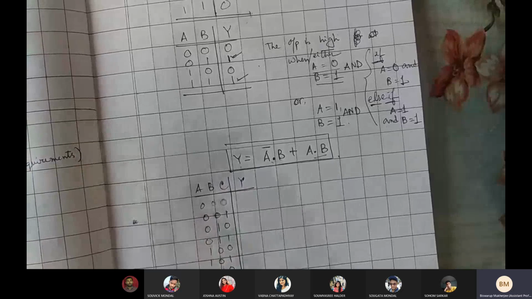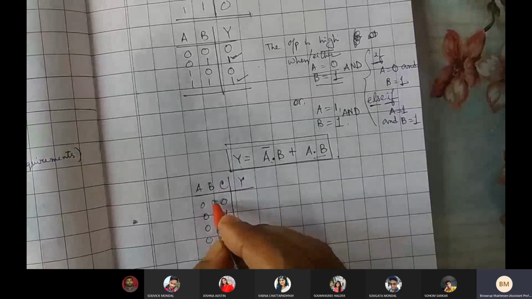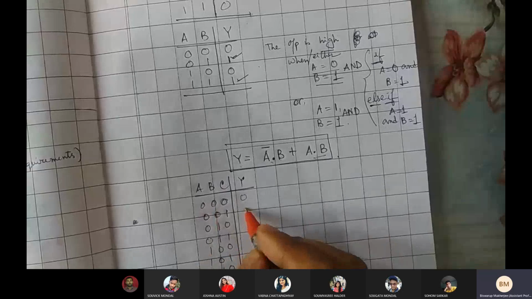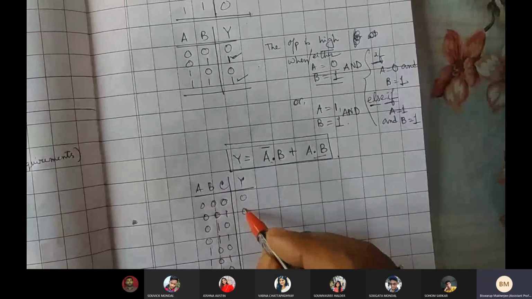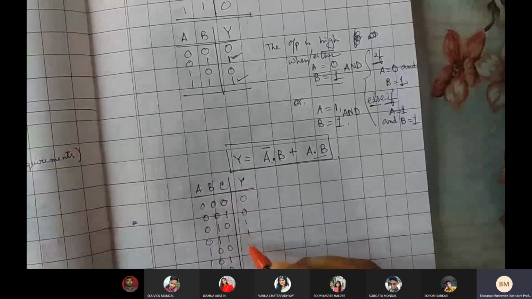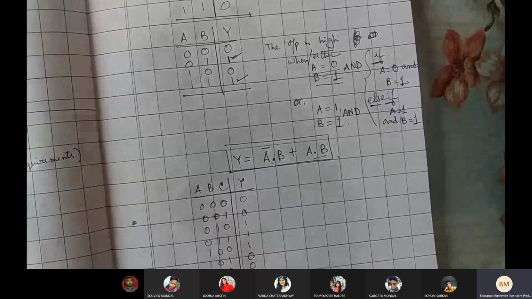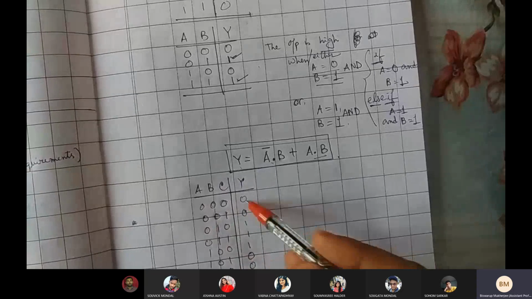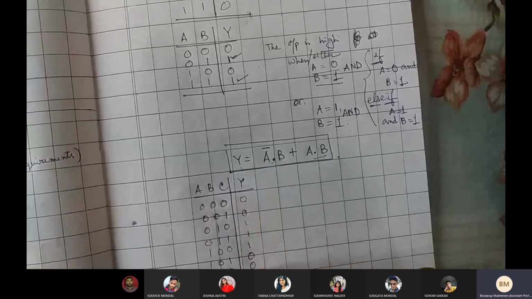So these are the 8 combinations, as you can see. Then we'll be having outputs. Maybe I'm just assuming 0 0 1 1 1, maybe 2 0s, and again the last one is 1. These are the 8 outputs we are having.